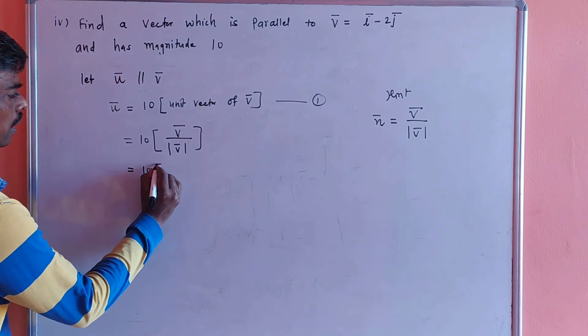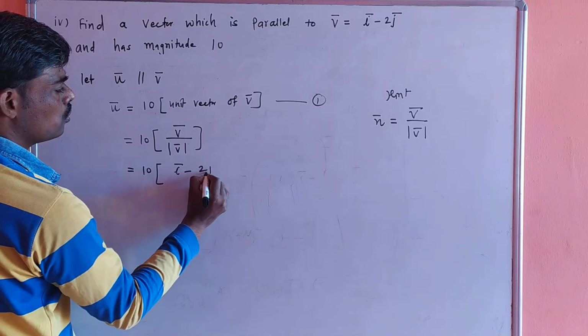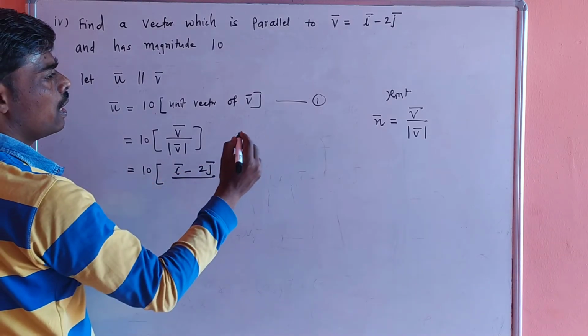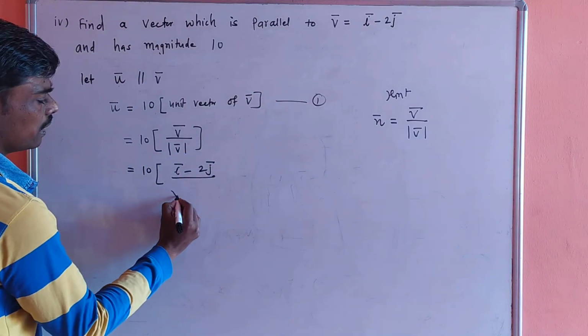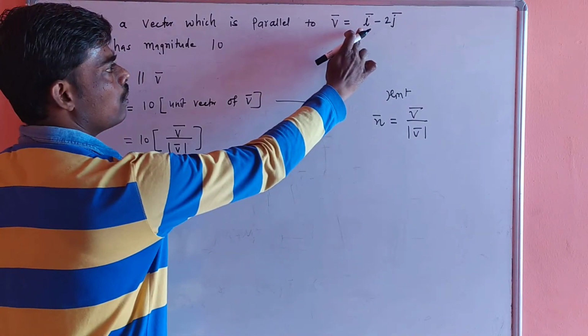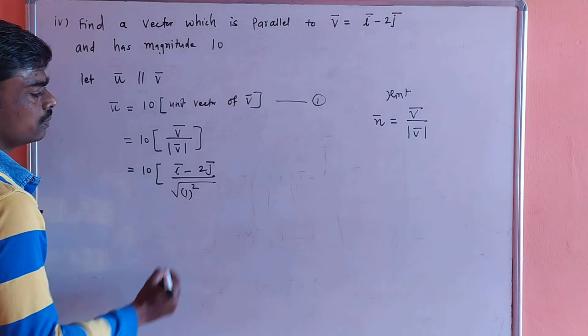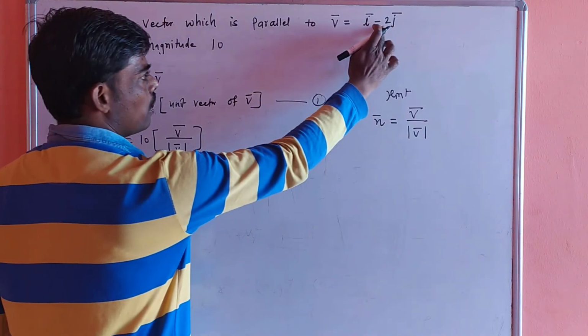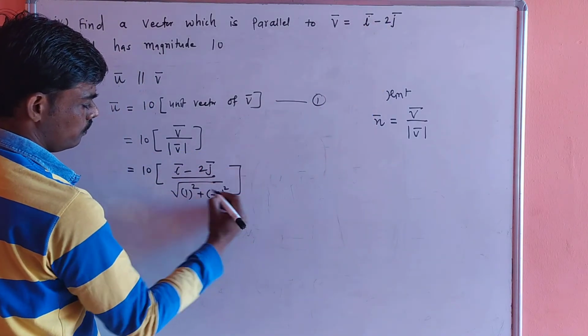Now 10 times, vector v is i minus 2j, and mod of vector v we can write as square root of the component of i, that is 1 squared, plus the square of the component of j, that is minus 2 squared.